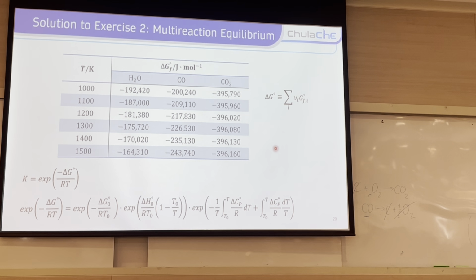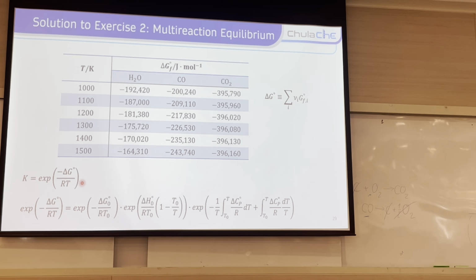But in this case, from the definition of the equilibrium constant, the exponential of minus the standard Gibbs energy change over RT, if you know the Gibbs energy change at the reaction temperature already, you can calculate the equilibrium constant. But normally you don't know the standard Gibbs energy change at the reaction temperature. You know the data at the reference temperature. That's why you have to use the long equation to calculate the equilibrium constant.